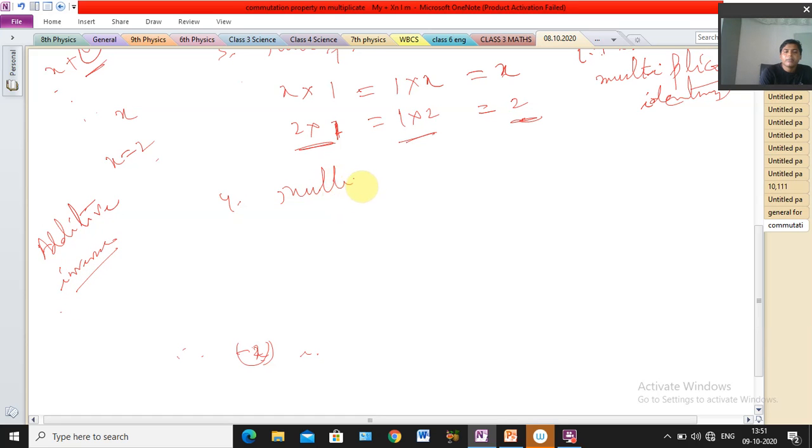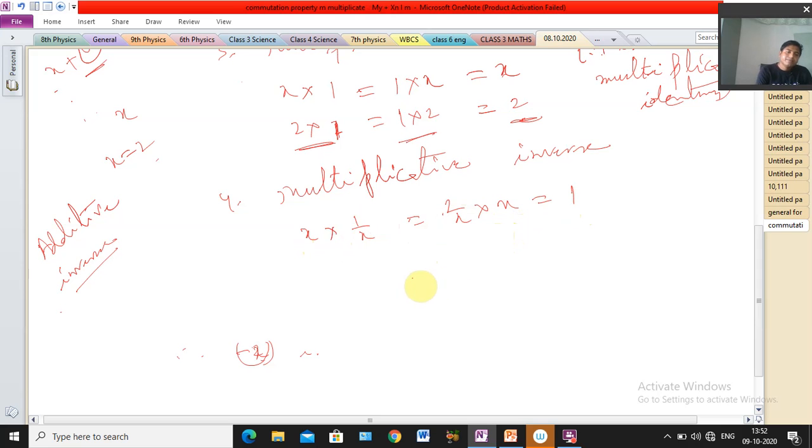For multiplication we will get the multiplicative inverse. So what is that multiplicative inverse? For this purpose we will write x into 1 by x equal to 1 by x into x equal to 1.